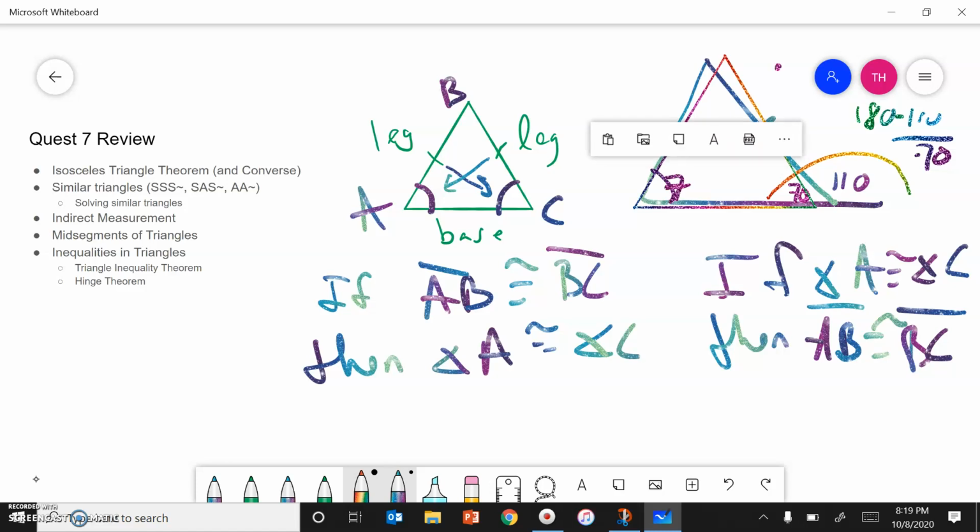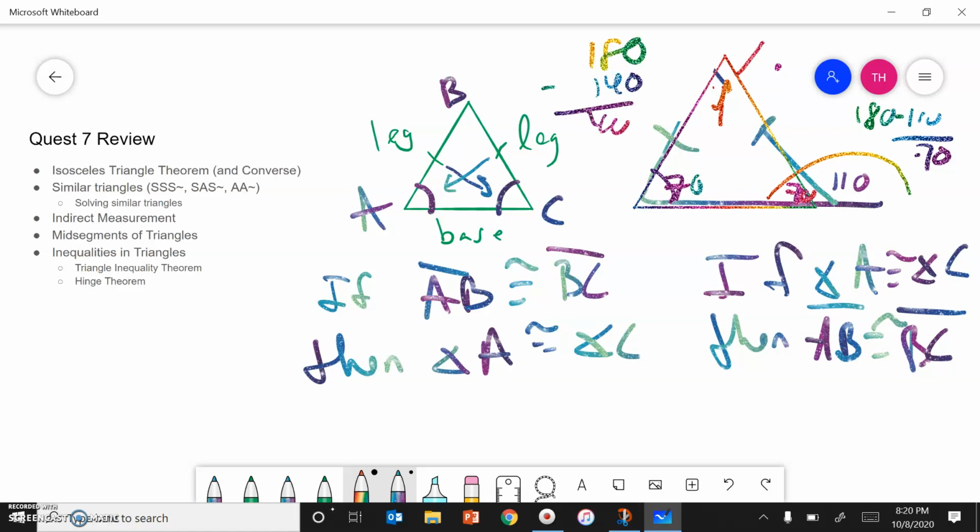And 70 and 70. So to find that angle up here, which again, my screen just messed with me and gave me too many triangles, I would just say 180 minus 70 plus 70, which is 140, so 180 minus 140 gives me 40 degrees. So then that angle would be 40 degrees.